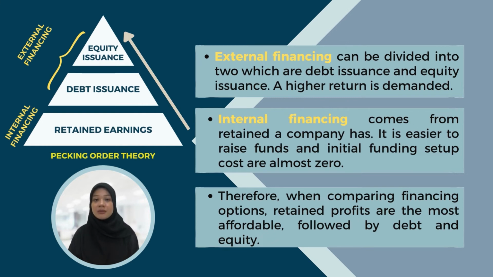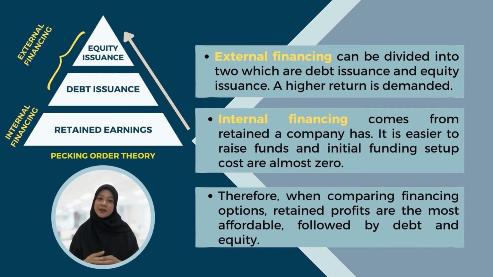If issuing more debt is not practical anymore, internal financing comes from the retained earnings a company has. So, why do companies prefer internal financing? Because it is easier to raise funds and the initial funding setup costs are almost zero because there are no bankers involved.